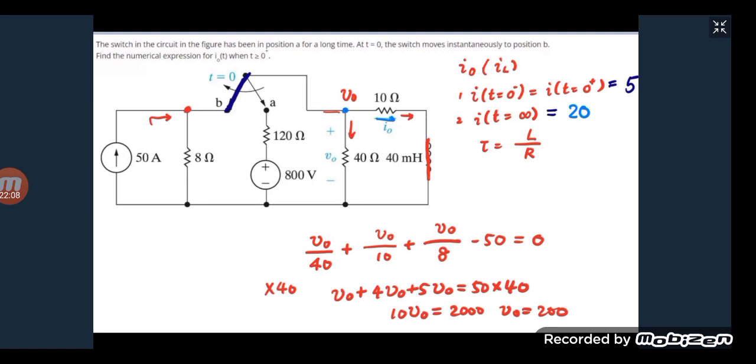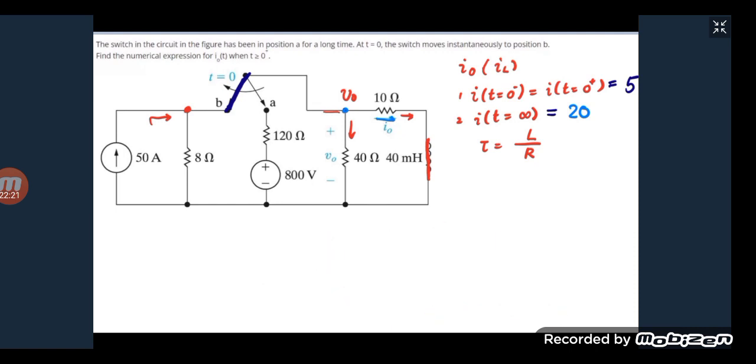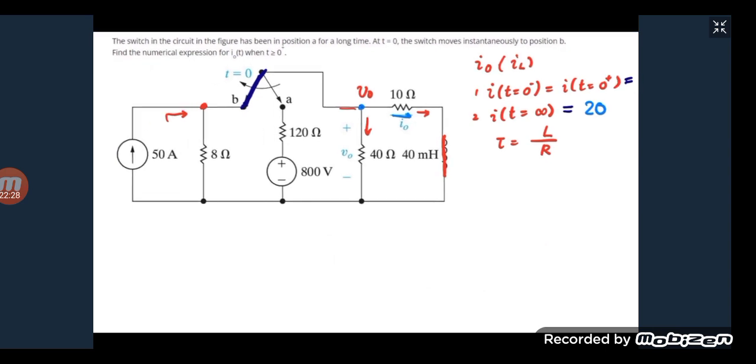And the next stage is to find the time constant. The time constant, we just have to consider, because the current source becomes open, there is no current. From the view of the inductor, it is what?